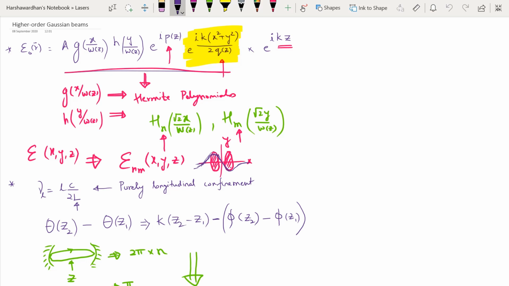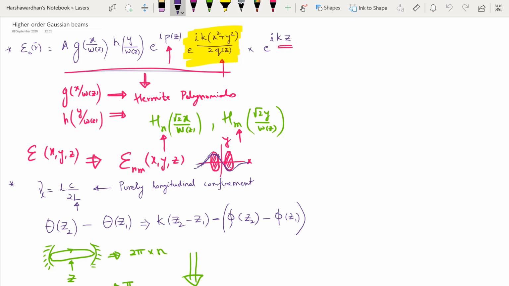And it so happens if you plug it back into the Helmholtz equation, you get g and h to be Hermite polynomials. So they have explicit form. One can actually solve it. And you see what one is doing is you are constraining the field along the orthogonal directions, which is along x and y, as well as in the z we had put in the mirrors. So again you get only some form of these functions allowed. These are the Hermite polynomials which have an integer index n and m, right?